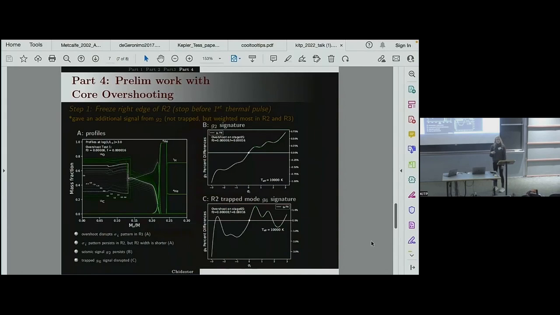As far as affecting the signature, I think we really have to resolve the thermal pulse history to see if this signature persists, because this one is very viable. It kind of survived that added core overshoot, that disruption of the boundary, but this one definitely got disrupted. But yes, great question. We want to know too.